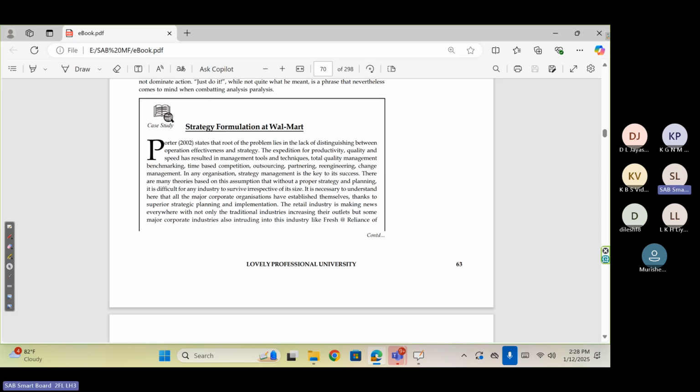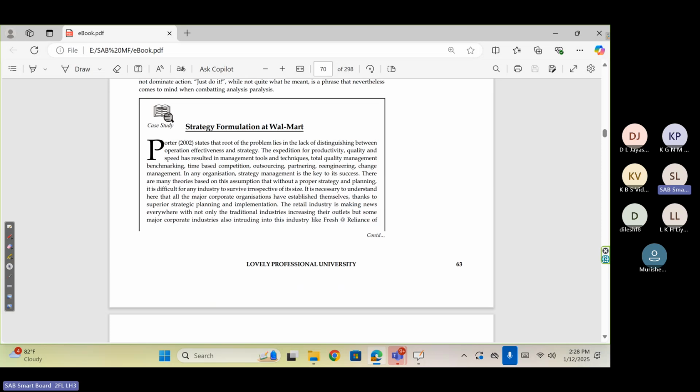There are many theories based on the assumption that without proper strategy and planning, it is difficult for any industry to survive, irrespective of the size. It is necessary to understand here that all the major corporate organizations have established themselves with superior strategic planning and implementation.